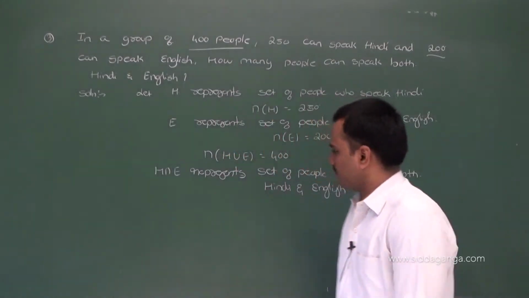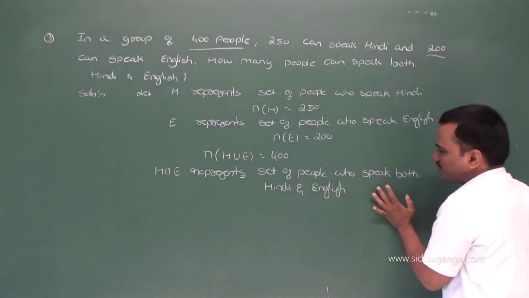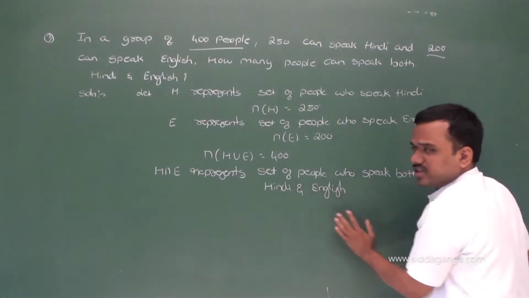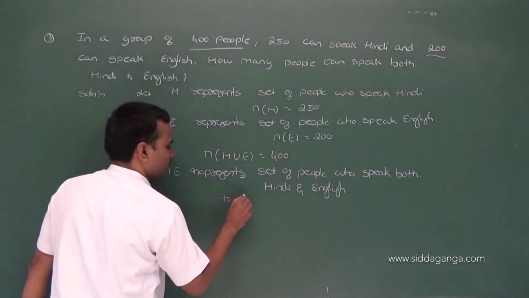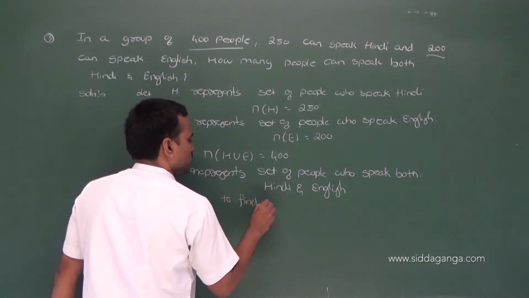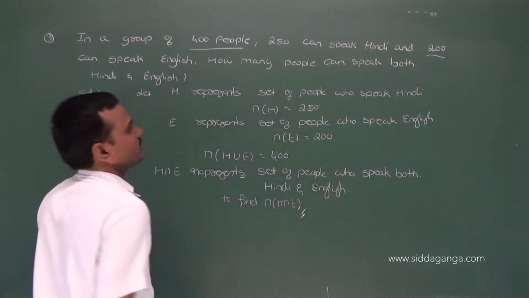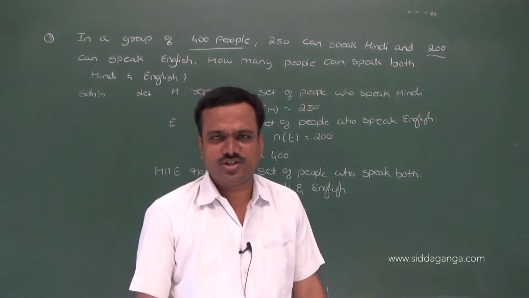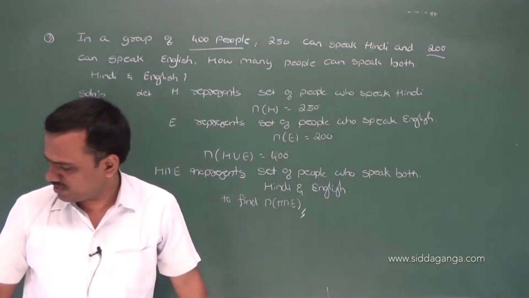That means to find N of H intersection E. Observe first carefully. Okay, we solve this one.